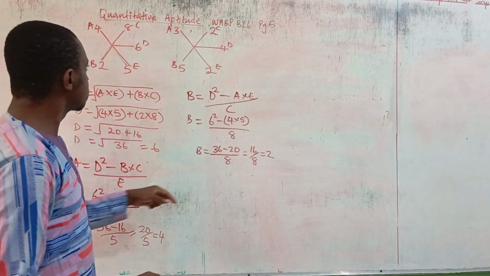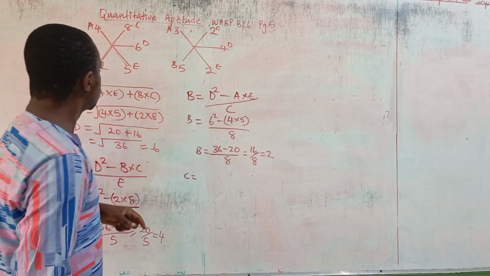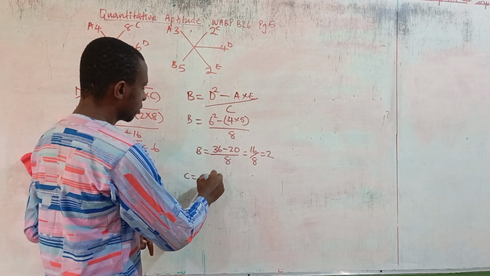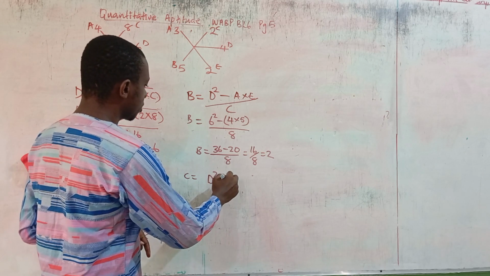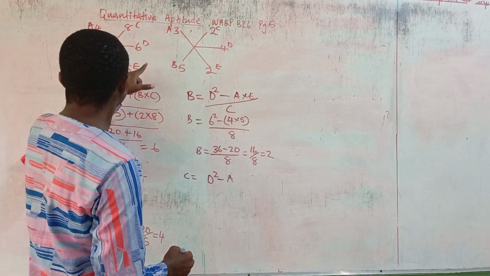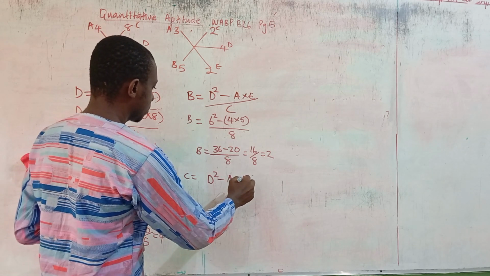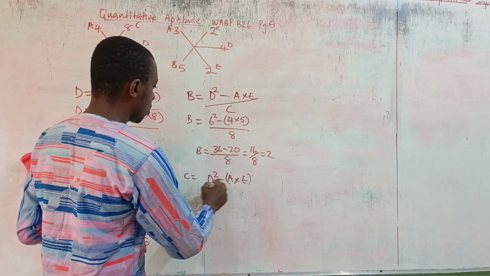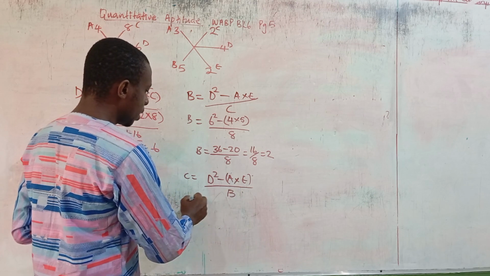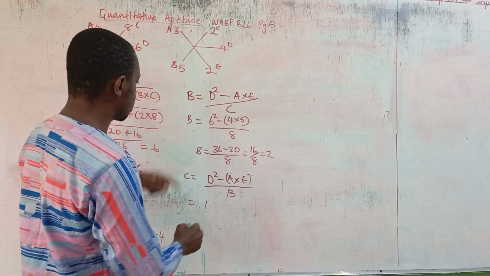How do we find C? To get C, the same way, we're going to say D squared minus A times E, I'll put it in brackets, all over B. And that is equal to, our D is 6 squared.